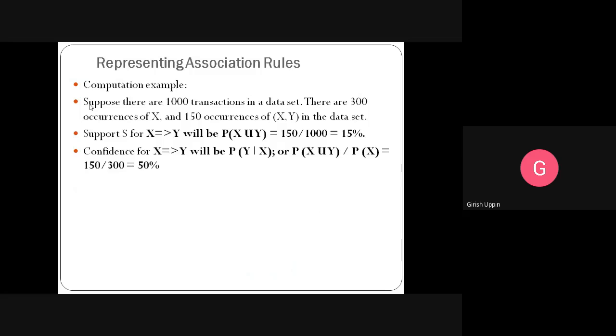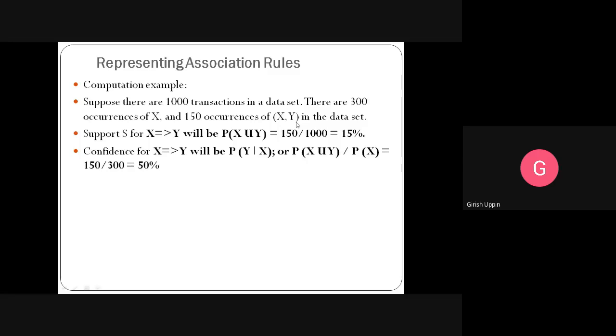This is one computational example we have. We have 1000 transactions, and there are 300 occurrences of X, which you can assume is milk. So there are 300 occurrences of milk, and 150 occurrences of X comma Y, that is milk and bread, just for the example. Out of these 1000, 300 times milk has been bought, and 150 times milk and bread together.